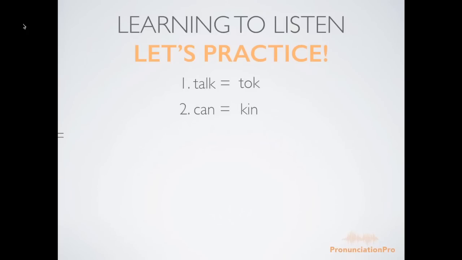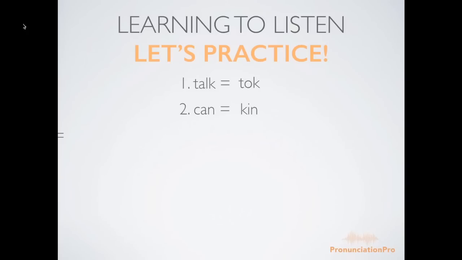If you're saying "I can go," for native English speakers, it's going to be confused with can't if you're pronouncing that vowel in full. Whereas if you reduce that vowel in can and say kin, then it's not easily confused with can't. Hopefully that makes sense.